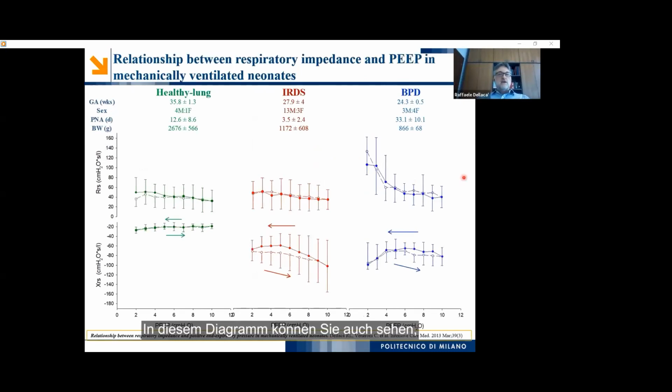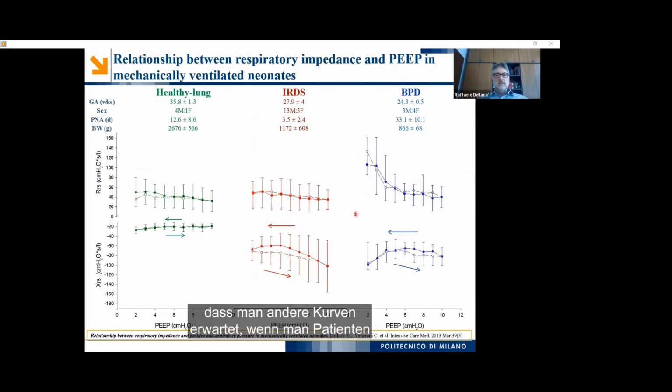In this graph, you can also see how we expect to see different tracings when you have patients with other conditions than RDS.